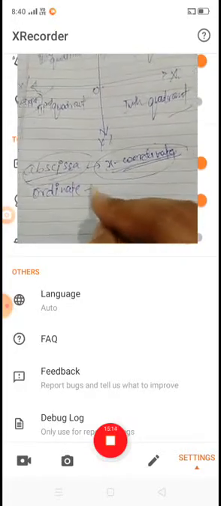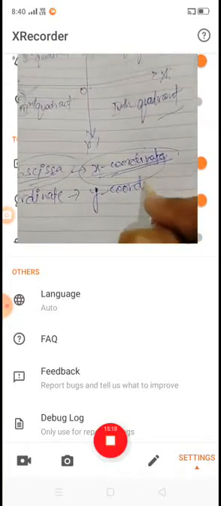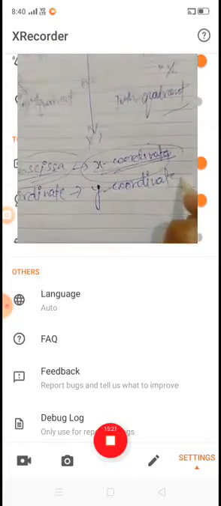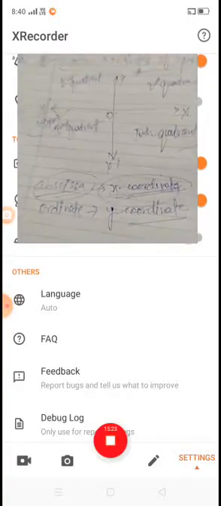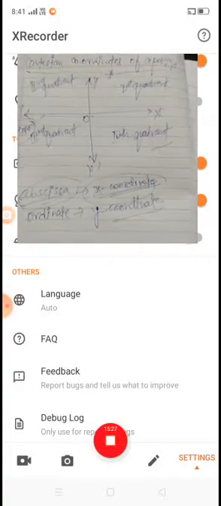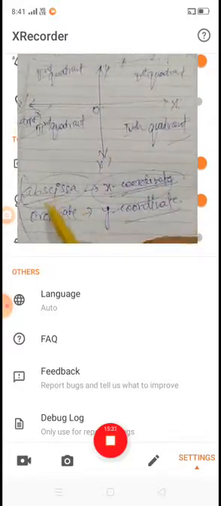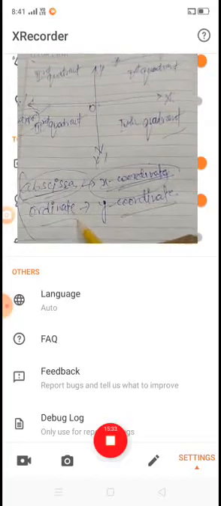So here are two important things, abscissa and ordinate.